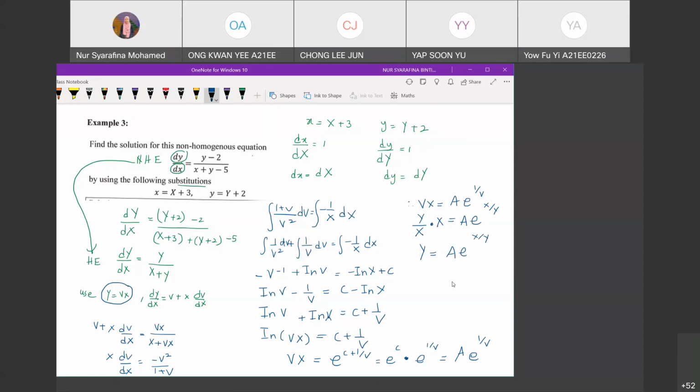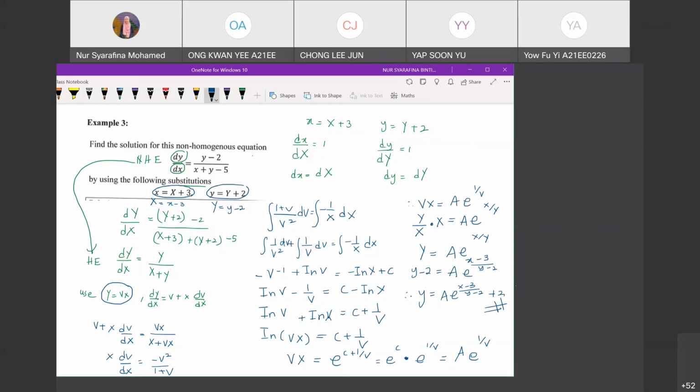And remember, this x and y is actually from here: x equals to x minus 3, y equals to y minus 2. So substitute back: y minus 2 equals to a e to the power (x minus 3) over (y minus 2). So y equals to a e to the power (x minus 3) over (y minus 2) plus 2. So this is the final answer.